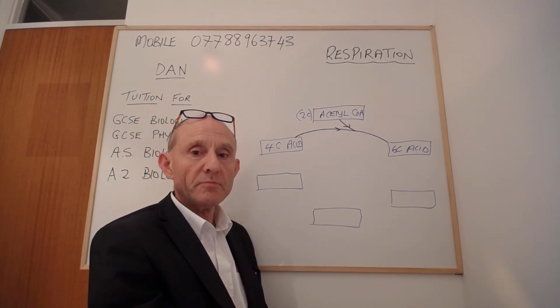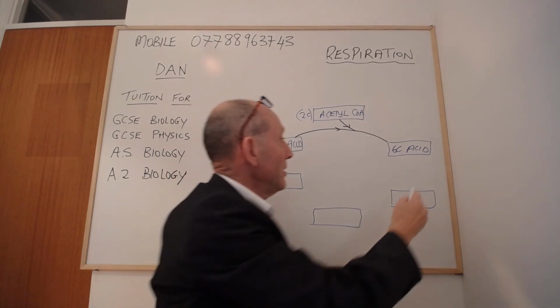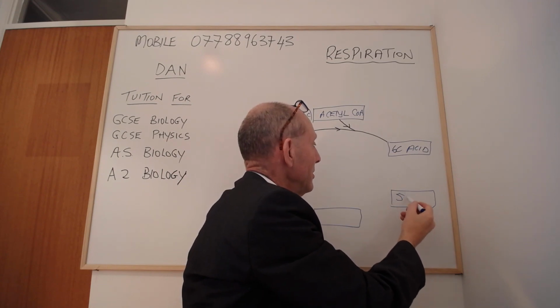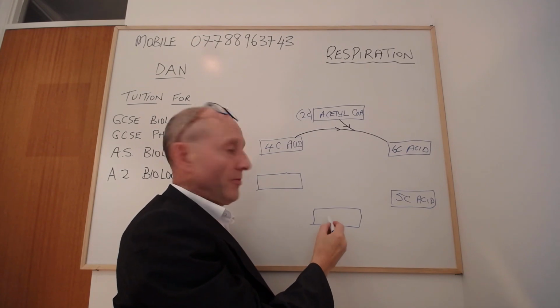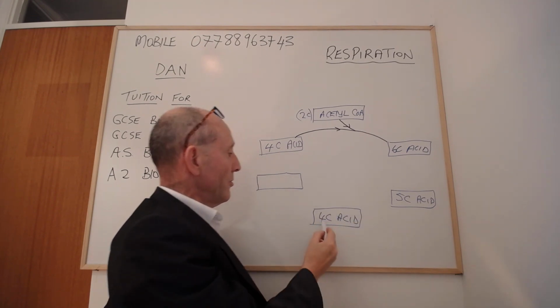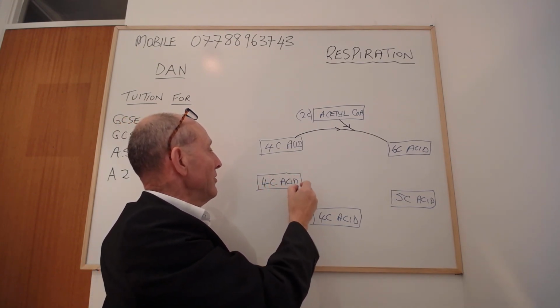And then all you need to do, and this is quite easy to learn, if that's 6-carbon acid, you make this a 5-carbon acid. And then you just make this a 4-carbon acid. And you're down to 4 carbons, you can't go any lower, so this is another 4-carbon acid. So look at how easy that was.